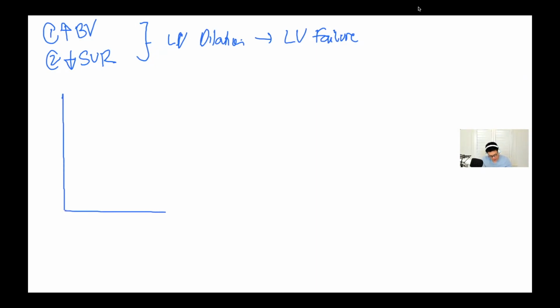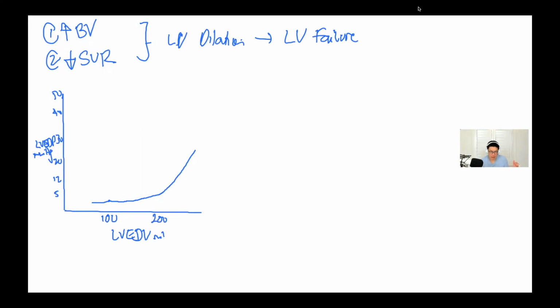This is the left ventricular compliance curve, where we've got left ventricular end diastolic volume, and normal is anywhere between 100 to 200, and your left ventricular end diastolic pressure, where normal is somewhere between 5 to 12. And then after that, we've got 20, 30, 40, and 50. This is in millimeters of mercury, and this is in mils. So we've got the curve that looks something like this, where after about 200, it increases exponentially to represent a reduction in your left ventricular compliance.